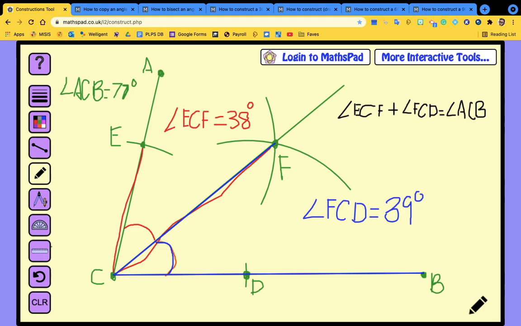Okay, there you go. Look at that. This is angle addition, right? Because this angle plus this angle equals the big angle. Red angle plus blue angle equals the green angle, right?